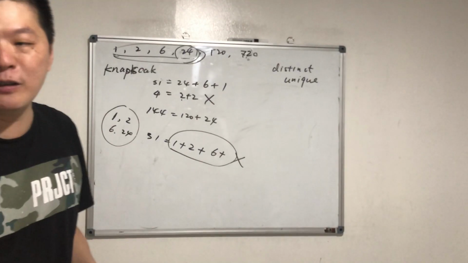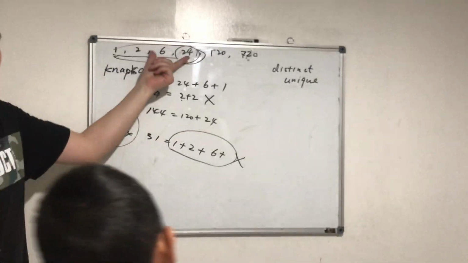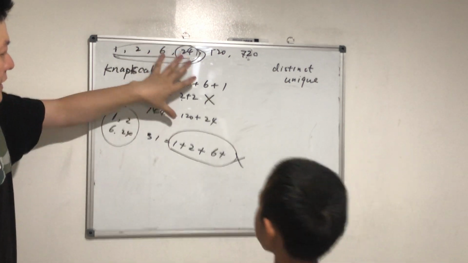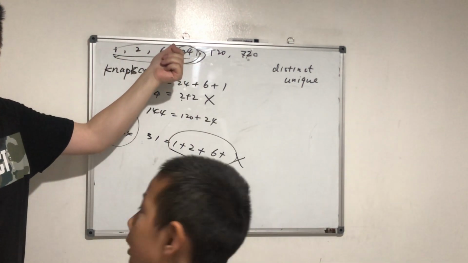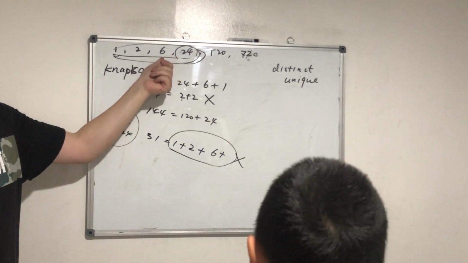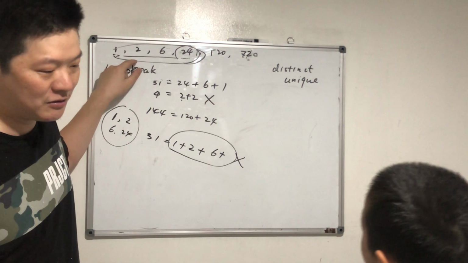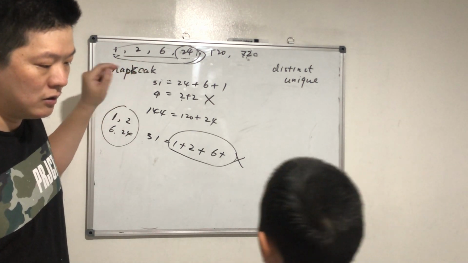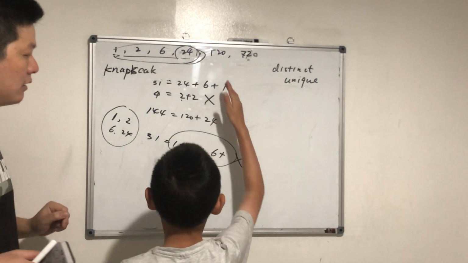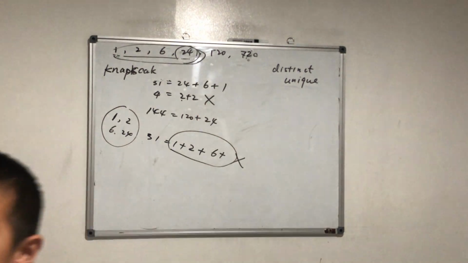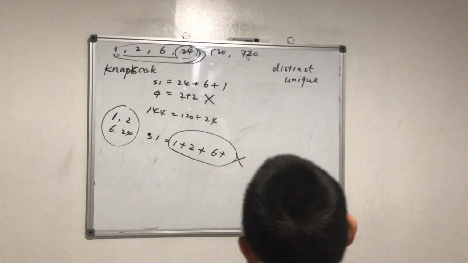In order to do this algorithm, what do we need to do at the beginning? We need to do the ones which are smaller, that we can subtract.